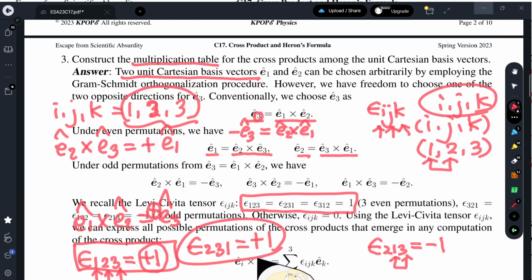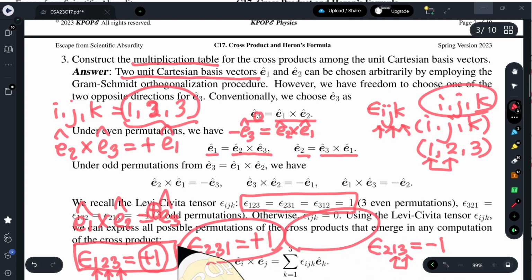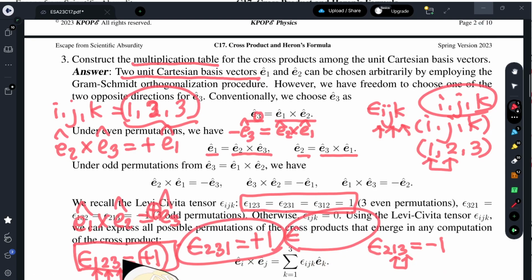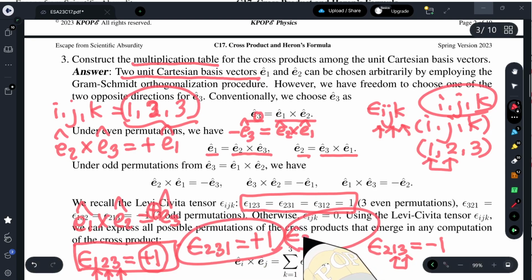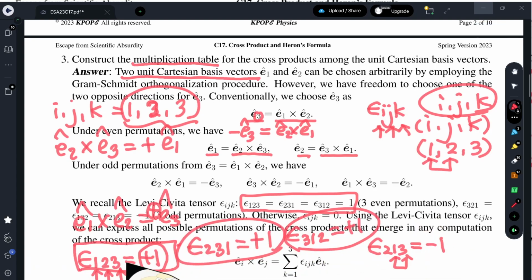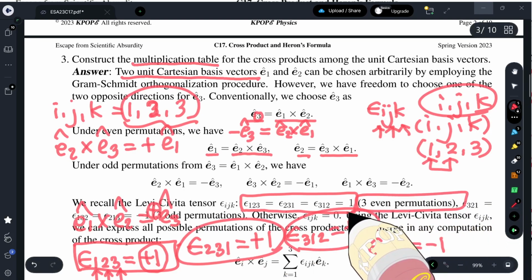In this manner, we can find that all of the three positive values for the Levi-Civita tensor are 1, 2, 3, 2, 3, 1, and 3, 1, 2. We call these three permutations, 1, 2, 3, 2, 3, 1, and 3, 1, 2, the three even permutations.